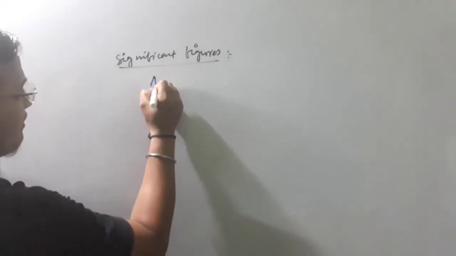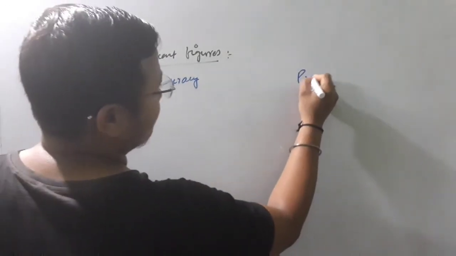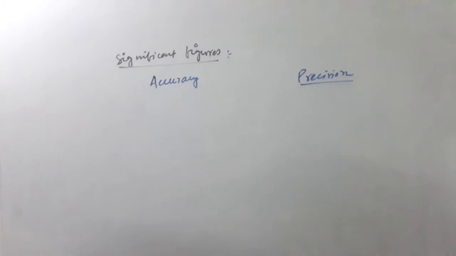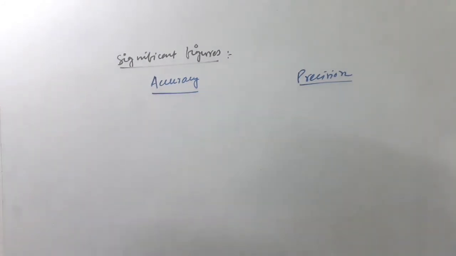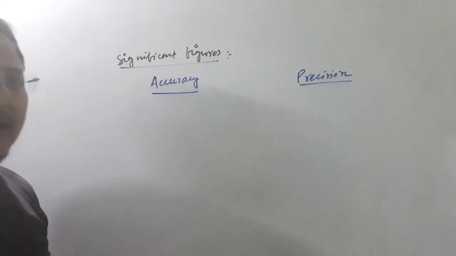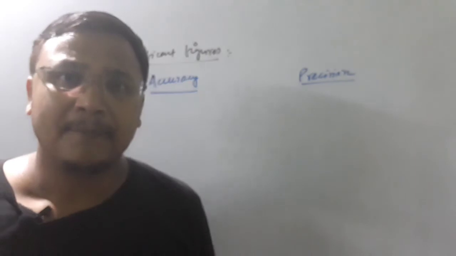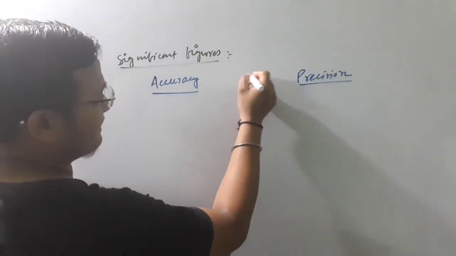Okay. Now before going to this, there is a discussion regarding 2 topics: one is accuracy, and another is precision. Let me explain these with an example. Consider that I have given you an experiment, and for that experiment, its value should be 4.